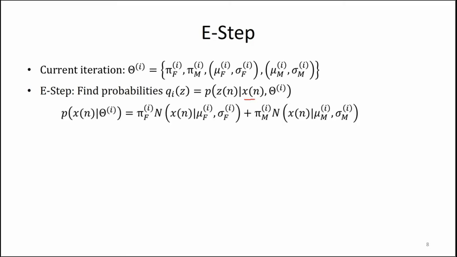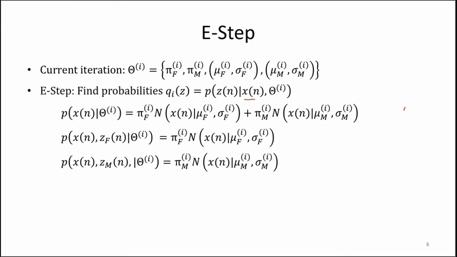So P of x n given theta i is equal to this expression: pi f i N(x n given mu f i, sigma f i) plus pi m i N(x n given mu m i, sigma m i).